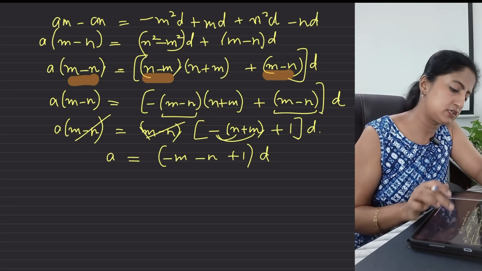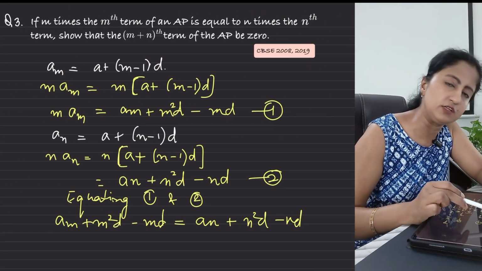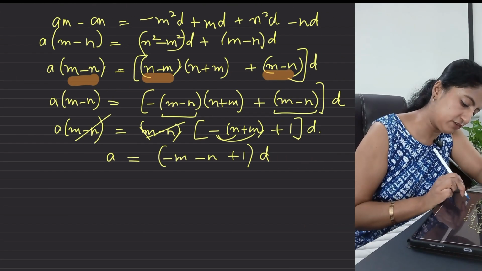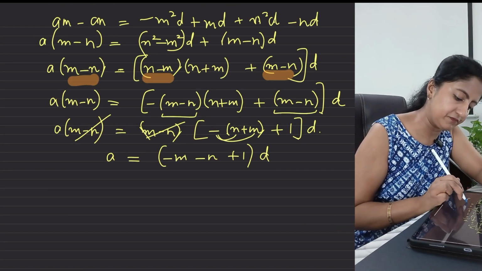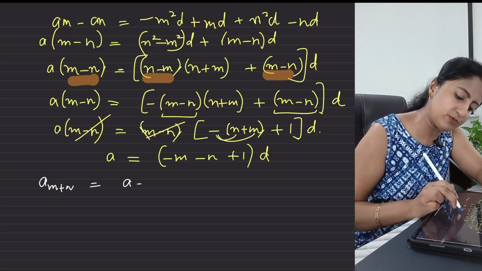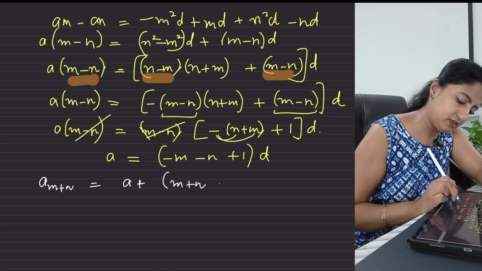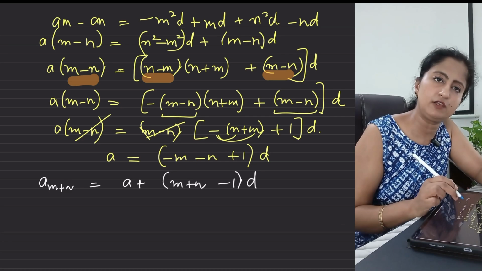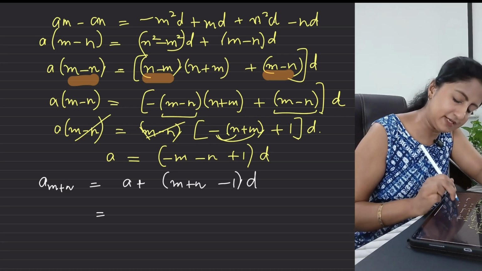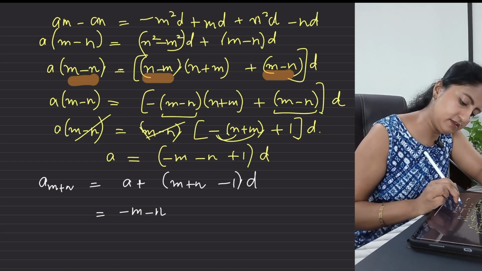Now, they had asked to find the m plus nth term and prove that it be 0. So let's start. Now, what we are going to do over here, we are going to write an expression for m plus nth term, which is a plus, now, in place of n, I'm going to replace that with m plus n minus 1 times d. So what was a? We have just found the value of a. We will substitute it, which came out to be minus m plus n plus 1 times d.